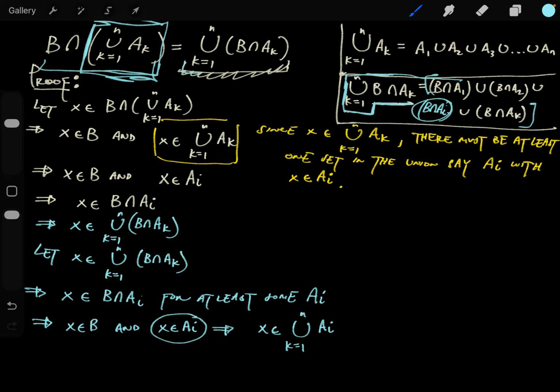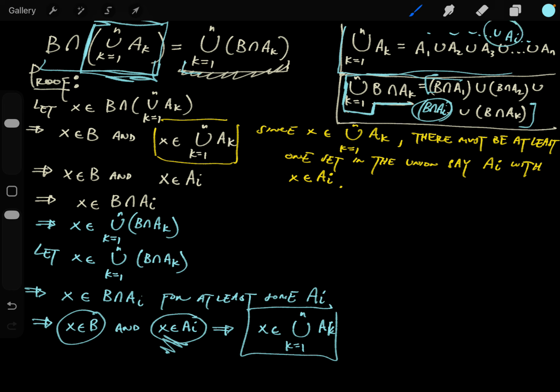And then that means that I have x is in B and x is contained inside that union. Not i, k. Because if you look here, A sub i is one of these going down, so if x is in A sub i, then it's in this union because A sub i is one of the things in that union.